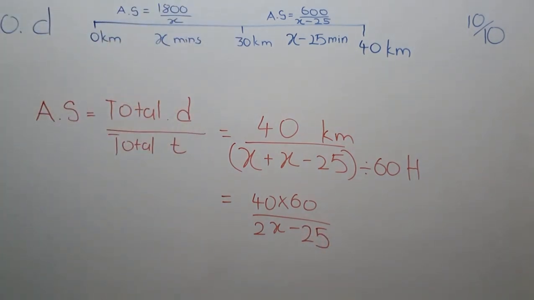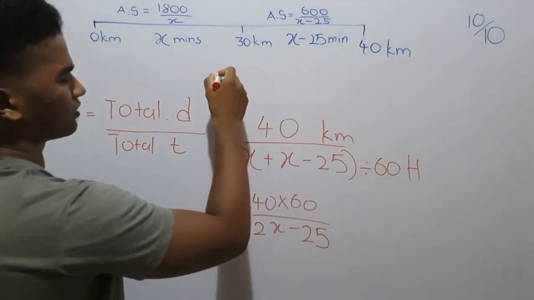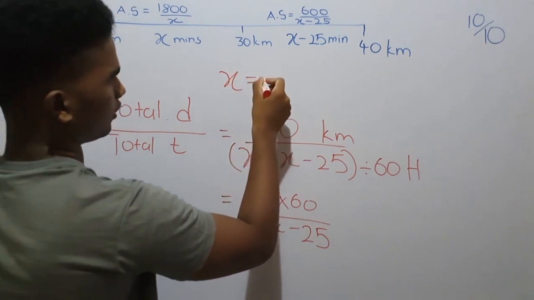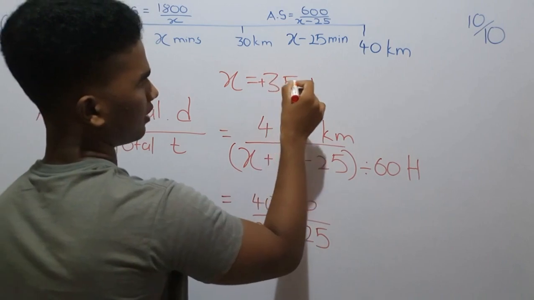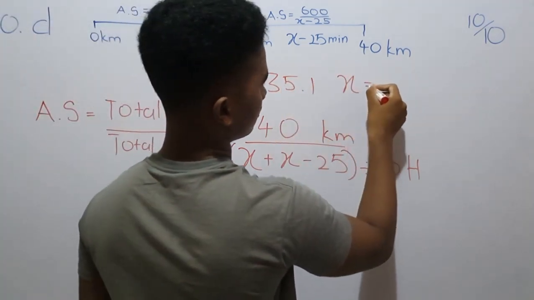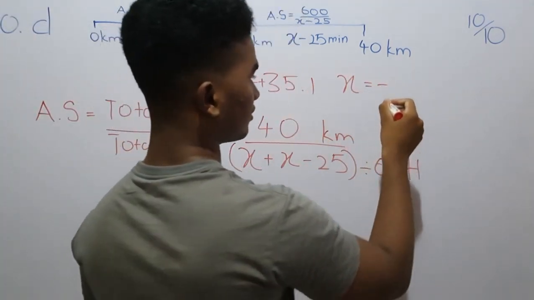Now they are asking a numerical value. Earlier, can you remember, we calculated from the equation two x values, x equals 35.1 and x equals minus 160.1.